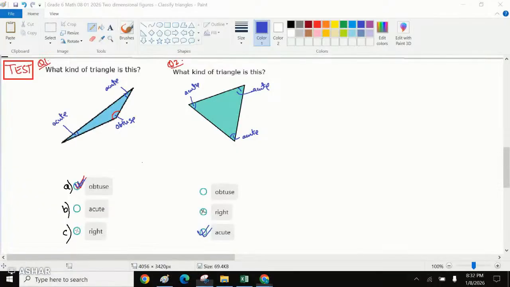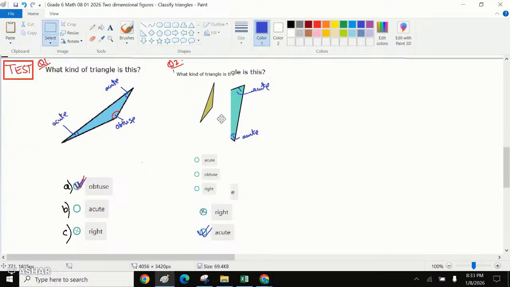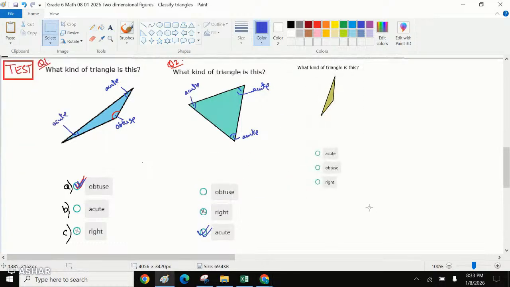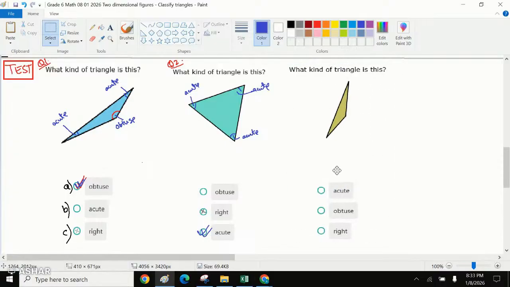Moving ahead, what kind of a triangle is this? The next triangle we have is a little different shape. Question number 3. Let's resize this. The question states, what kind of a triangle is this?